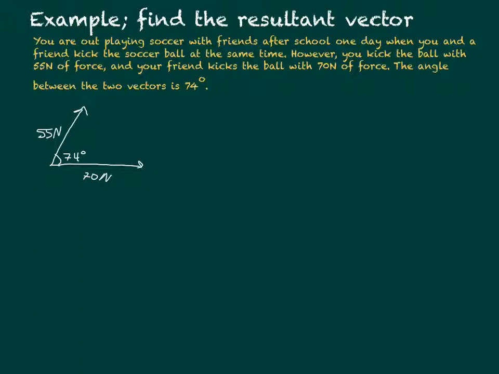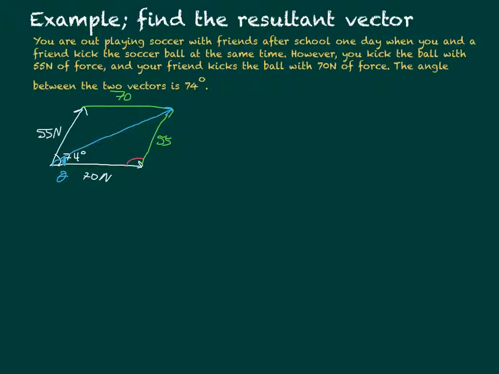So here we're going to have to go back to our parallelogram method, 70 and 55, and we need to find this vector right here, our resultant vector, and this angle right here. Okay, so the first thing I want to do is find my angle measure right here.